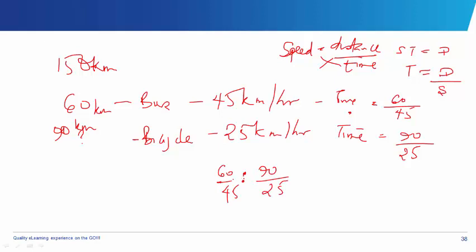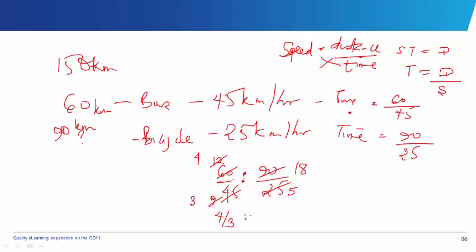We need to simplify. 5 into 60 will give us 12. 5 into 45 will give us 9. 3 can still divide. 3 into 12 gives us 4, and 3 into 9 gives us 3. So we'll have 4 over 3 is to... let's divide here. 5 into 25 will give us 5. 5 into 90 will give us 18.